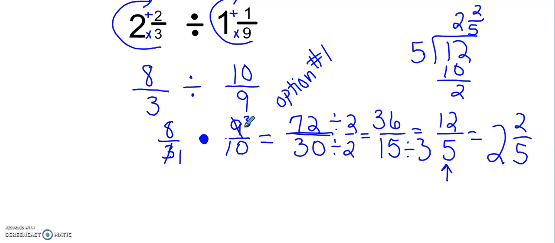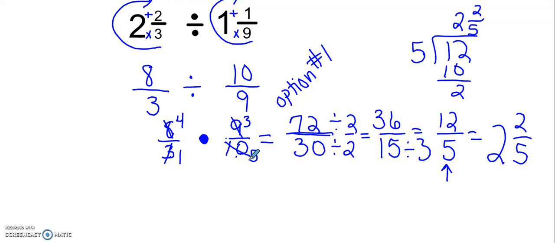And then I could find a common factor for 10 and 8. Cross-simplify before I multiply. Simplify fractions, find a common factor. So what number is divisible by both 10 and 8? They're both even, so I know they're divisible by 2. So 8 divided by 2 is 4, and 10 divided by 2 is 5.